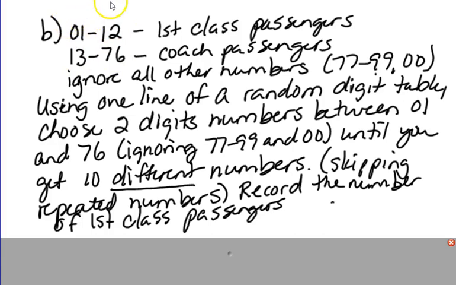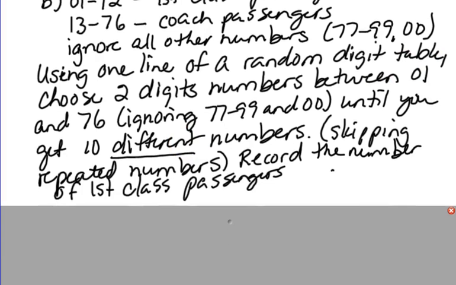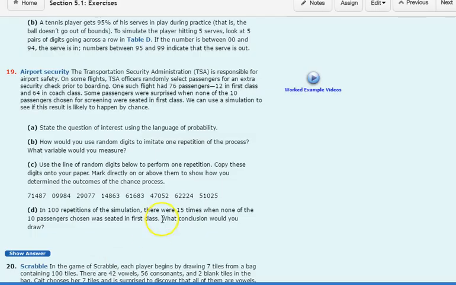So each number represents an individual person that is a passenger, and so once we have drawn one passenger, we cannot draw them again. So we do have to be very careful to say that we have to do 10 unique, 10 different numbers, or ignore any repeated numbers, or something to show that we're not going to use repeated numbers.